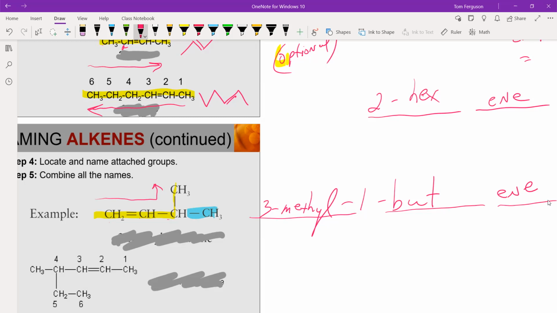It has to be numbered that way, which determined the carbon naming. Okay, so that's 3-methyl 1-butene.